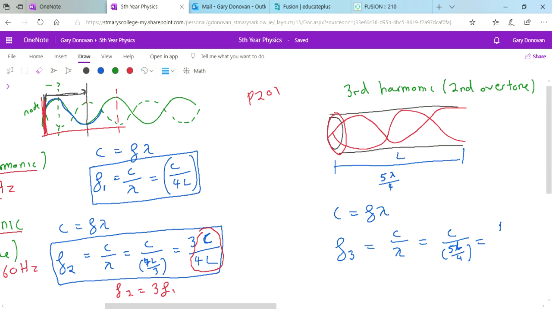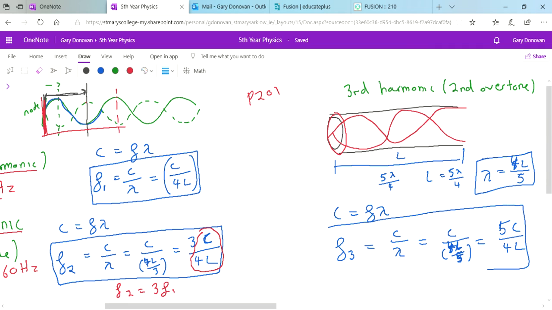What I didn't do here was L equals 5 lambda over 4. So lambda equals 4L over 5. I forgot to write lambda in terms of L. So this should be a 4 and this should be a 5, which makes this equal to 5C over 4L. So that's our equation for the third harmonic frequency.